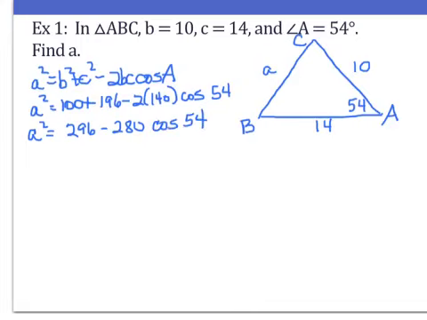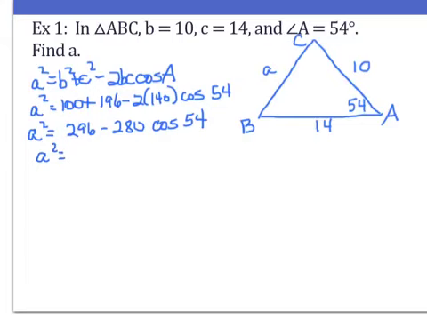Now one thing that we are not going to do is subtract these two numbers, because this 280 is multiplied to cosine 54. 280 times cosine 54 is a number. So we cannot subtract 296 and 280. So resist that temptation.